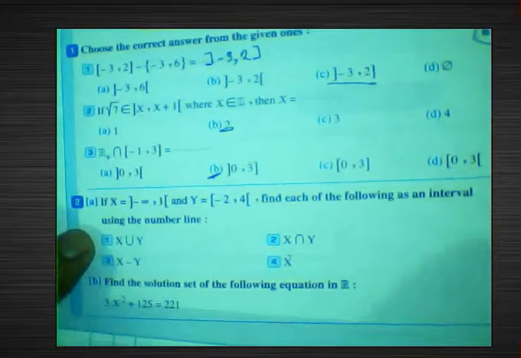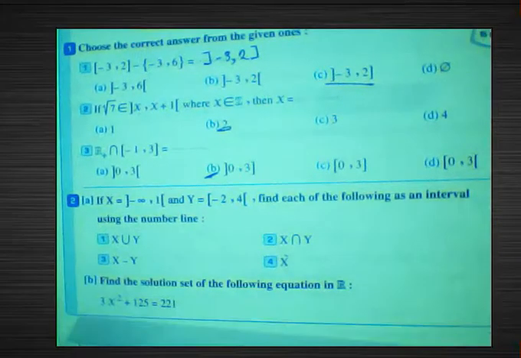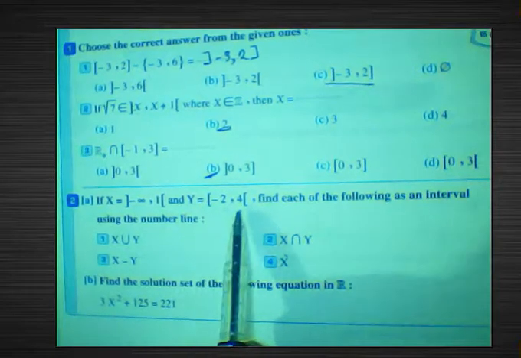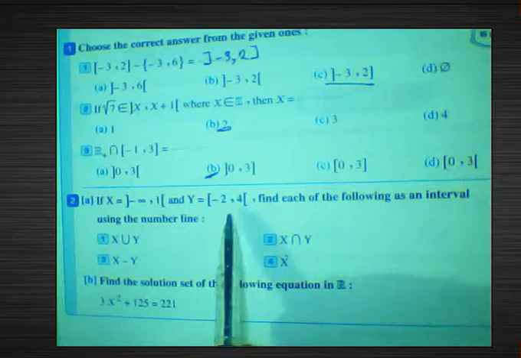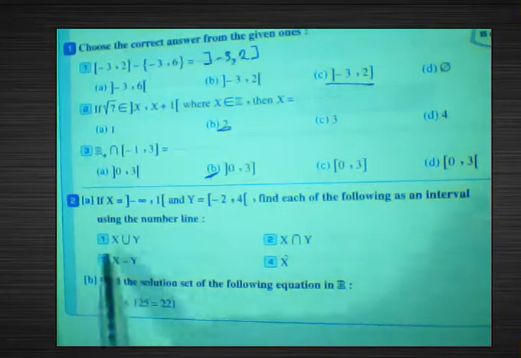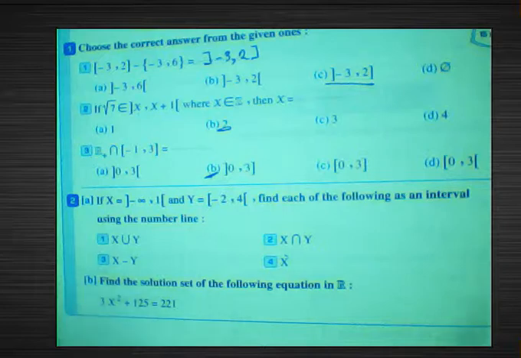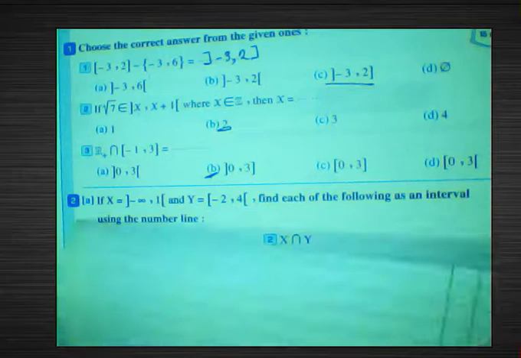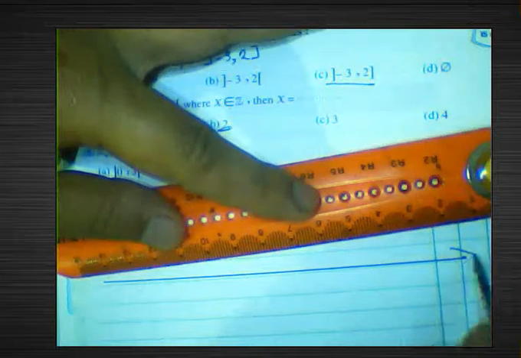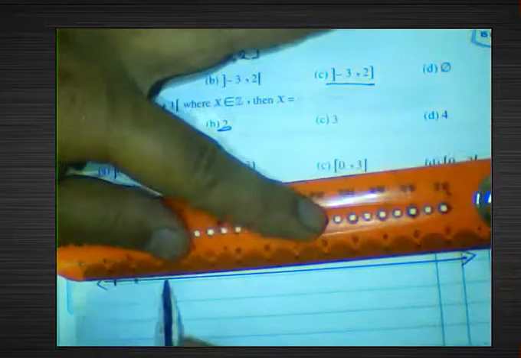Question number 2. If x equals the open interval from -infinity to 1 and y equals the closed interval from -2 to 4, find each of the following as an interval using the number line: x union y. First, I will draw a number line, and I will determine the two intervals on the number line, and then we will solve it using union, intersection, difference and so on.